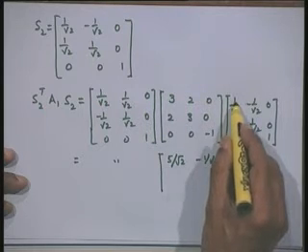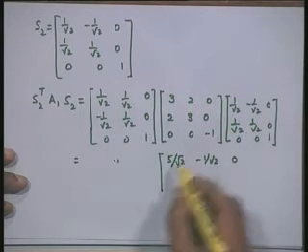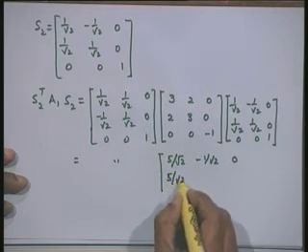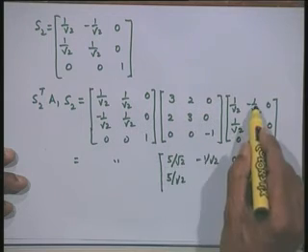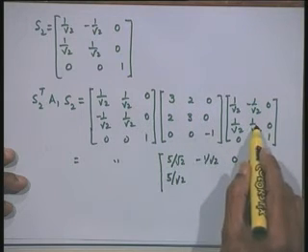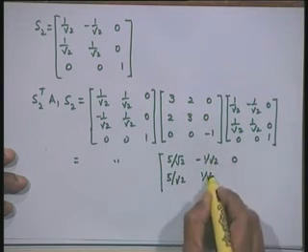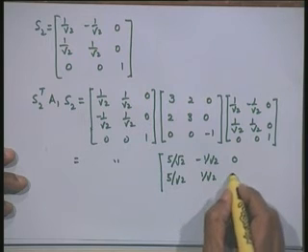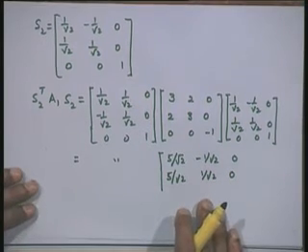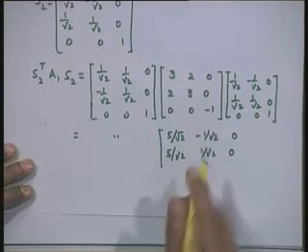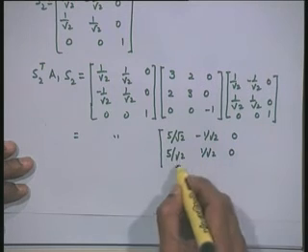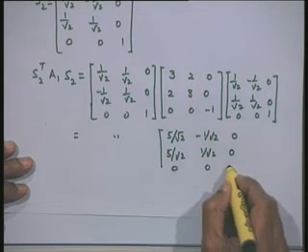Again 2 into 1 upon root 2 plus 3 by root 2, that is again 5 by root 2. This is minus 2 by root 2 and this is plus 3 by root 2. So I will have plus 1 upon root 2, and this is again 0. 0 0 minus 1, therefore it will be 0 0 minus 1.